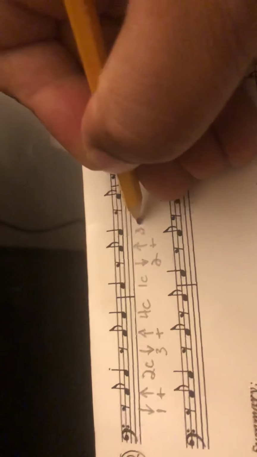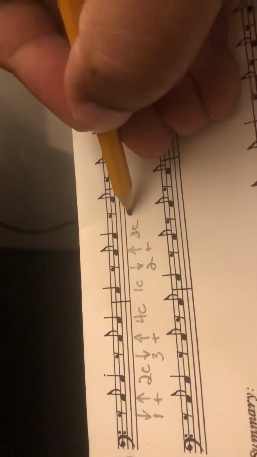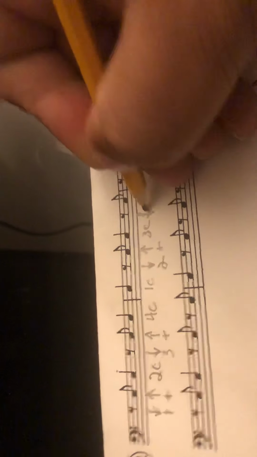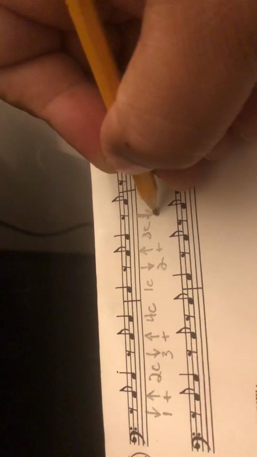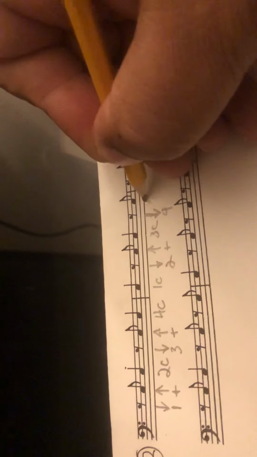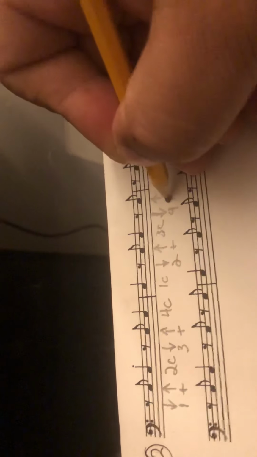That takes up all of the count of 3. And then I have an eighth rest on the downbeat of 4, and then an eighth note on the upbeat of 4.